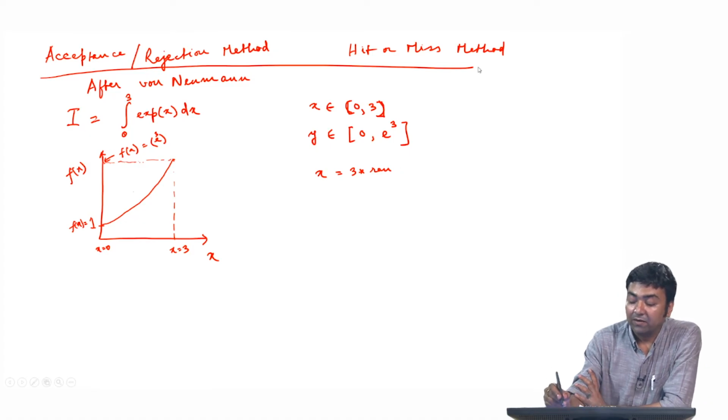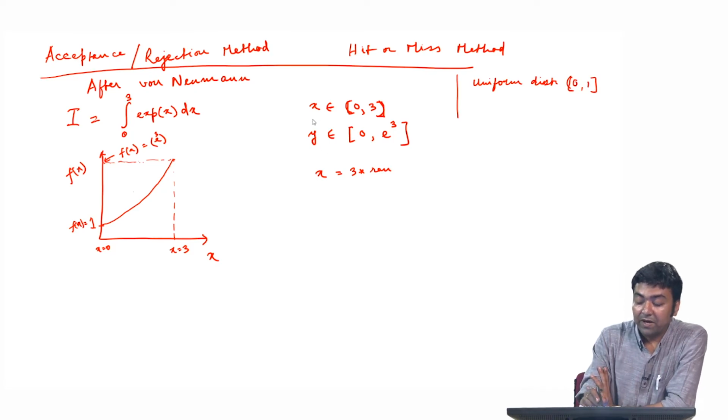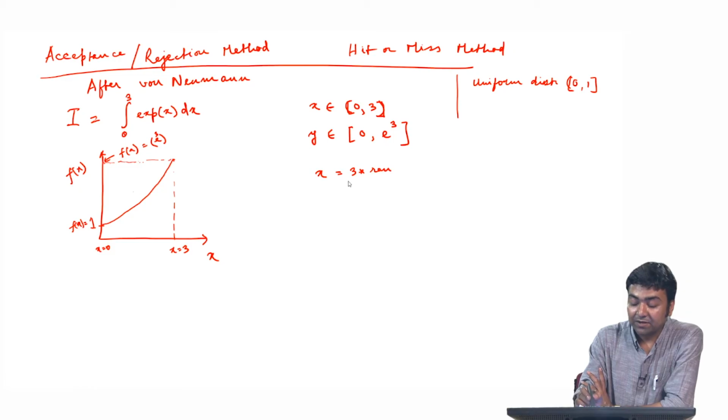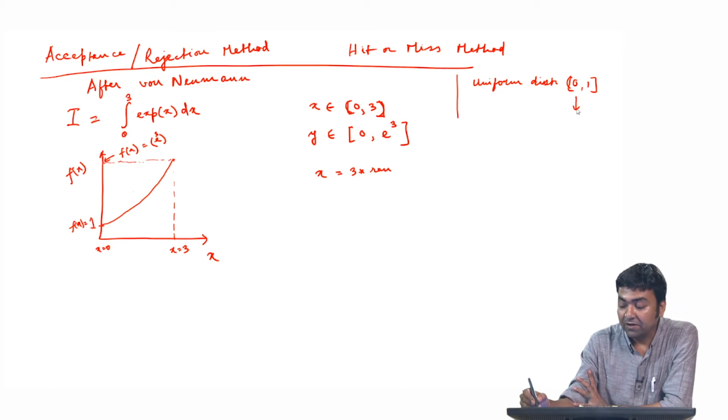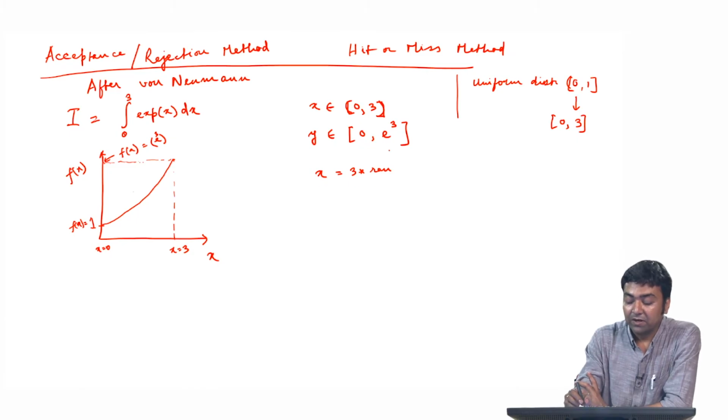Remember, my Fortran random number generator returns a set of random numbers with uniform distribution between 0 and 1. So, for my x, I need to scale this distribution from 0 to 3, to map it to a set of random numbers which spans from 0 to 3. The way to do it is 3 times this random number.